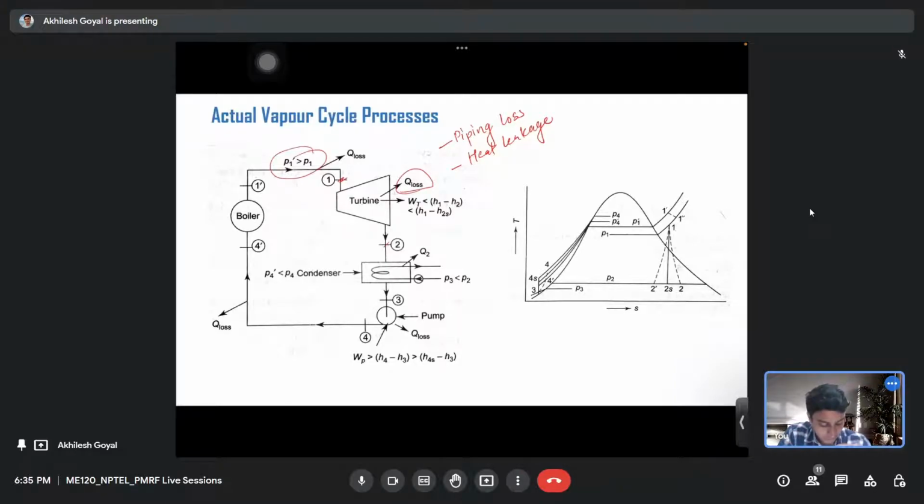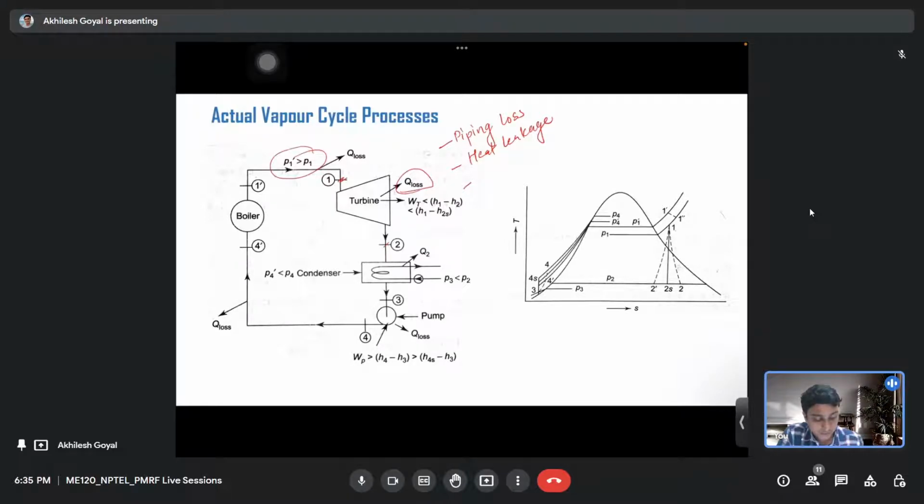In numericals, we will see in the next session how this irreversibility affects our work output, and what the effect of this irreversibility is on the efficiency of our vapor cycle. For now, this is the summary of the ideal vapor cycle and the actual vapor cycle.